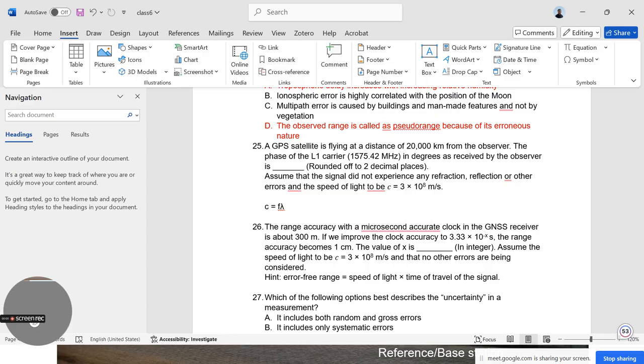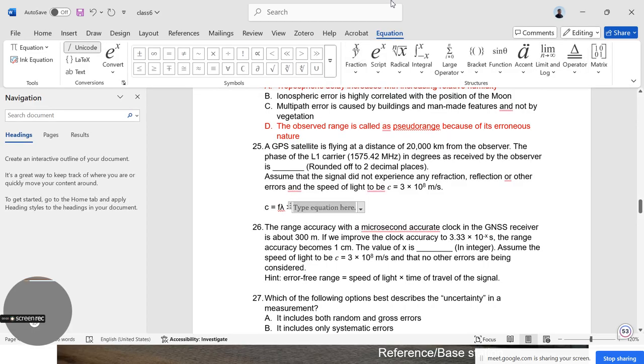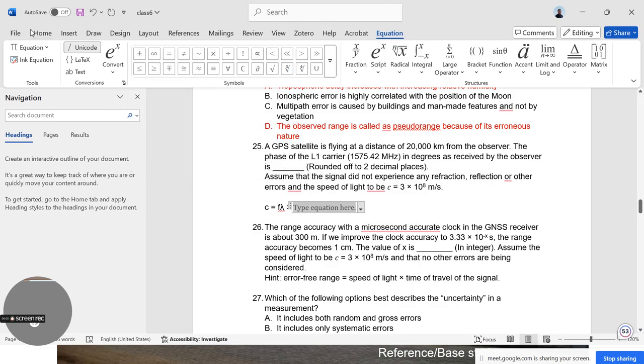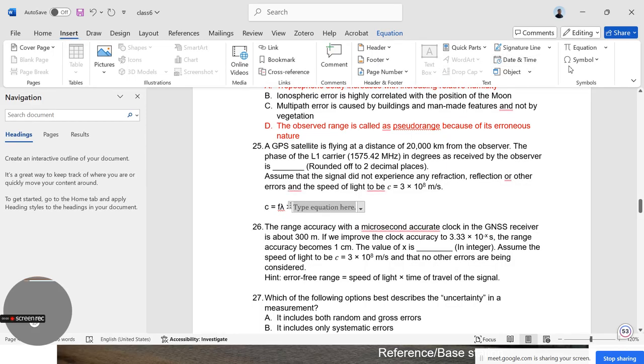Now here, we have C, we have f. So what can we get? We can get the lambda. So we can write the equation that lambda is equal to C by f.